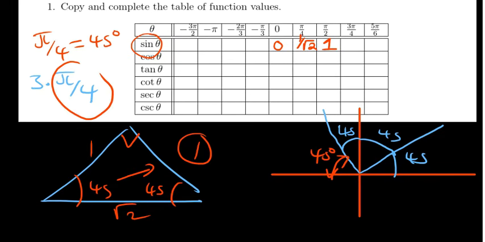Now you know that in the first quadrant, all are positive. In the second quadrant, sine is positive. So if in the first quadrant sine 45, which is pi over 4, is 1 over root of 2, since sine is also positive in the second quadrant, the answer will still be the same because it is making 45 with the x-axis. So the answer will still be a positive 1 over root of 2.